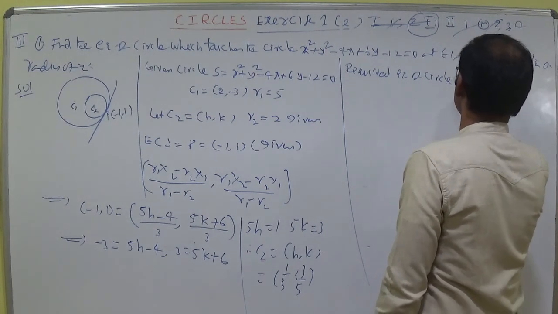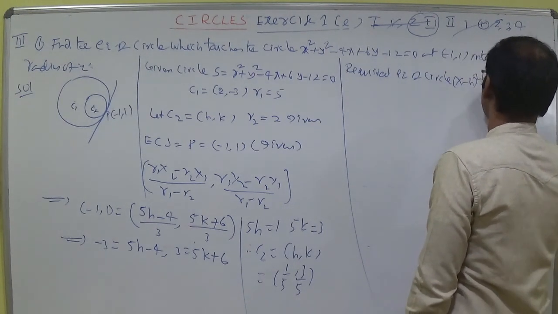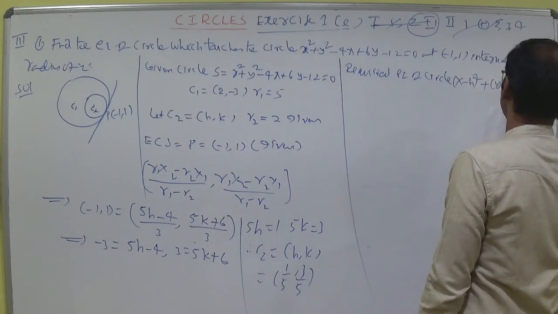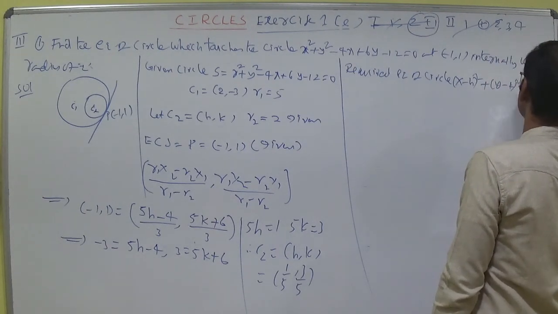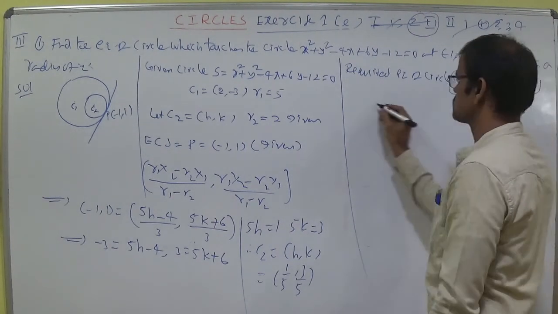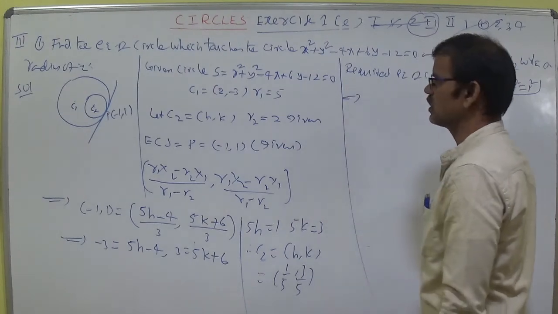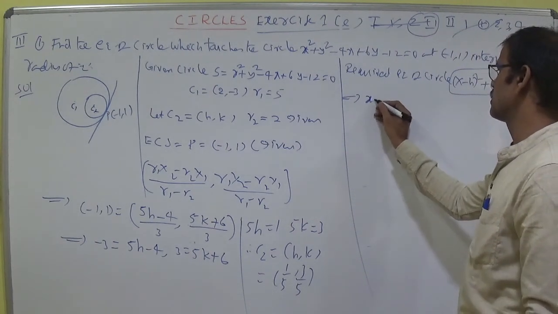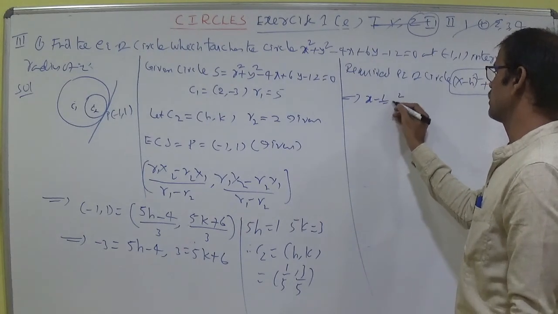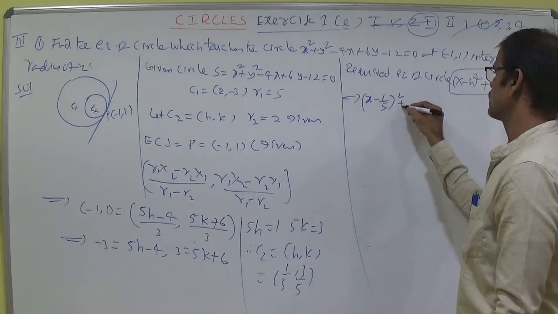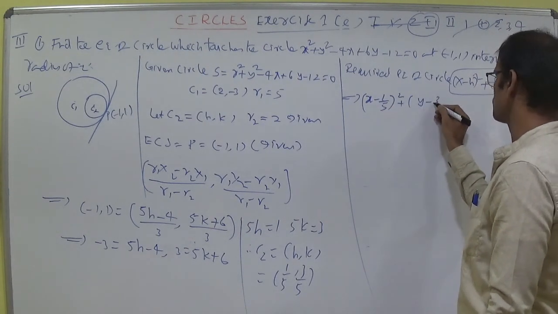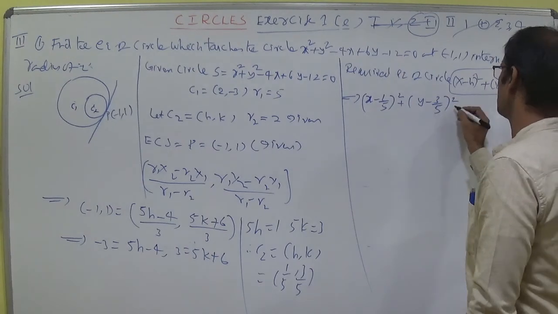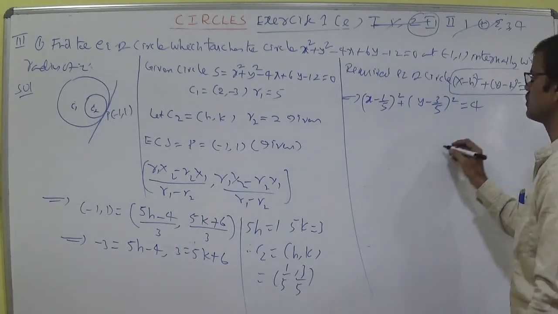Required equation of circle, general form: x minus h whole square plus y minus k whole square is equal to r square. R means the radius, which he has given as 2. Now you can write x minus 1 by 5 whole square plus y minus 3 by 5 whole square equal to 4.